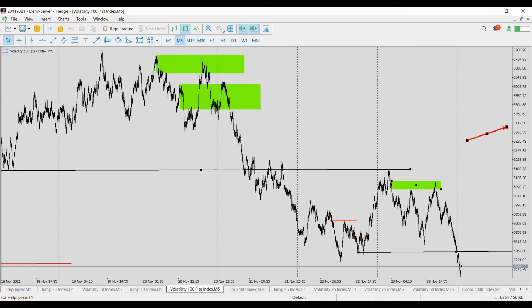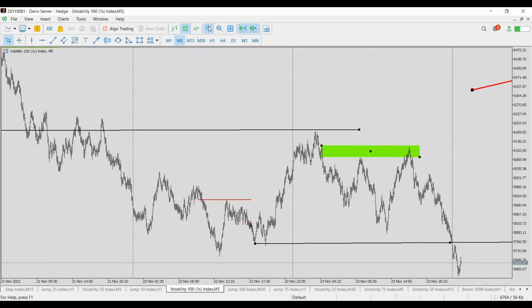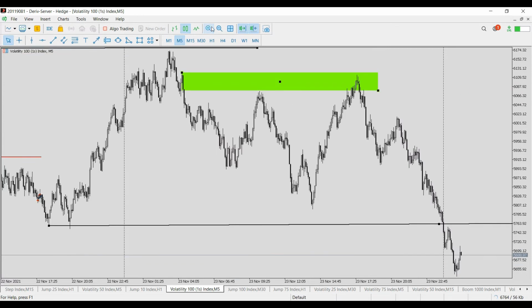We are never stingy. You trade what you see and not what you know. You need to learn that rule. So this is a very good example of a sniper entry.